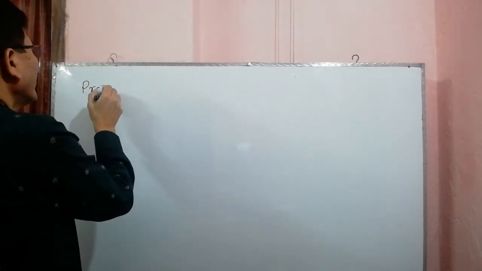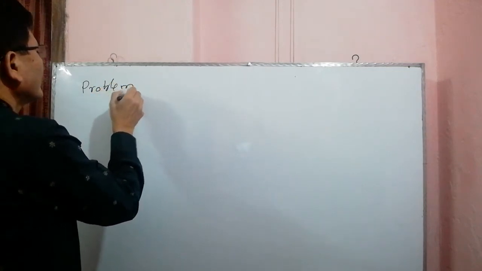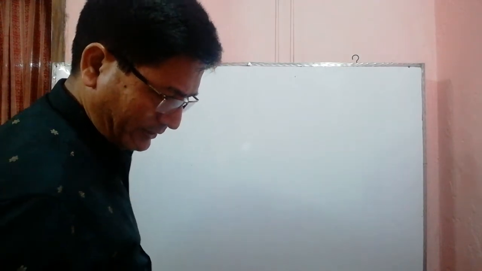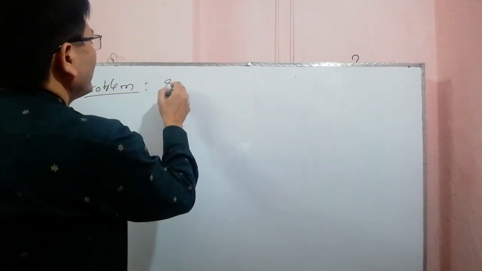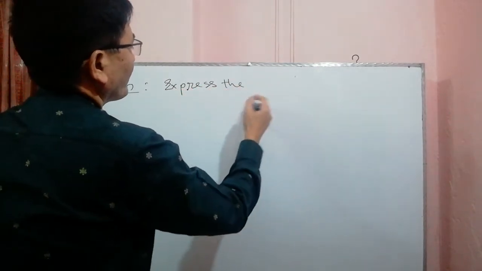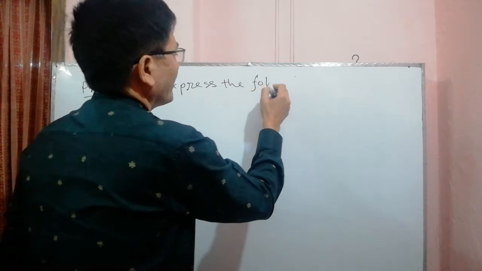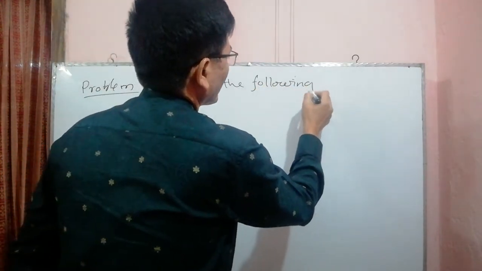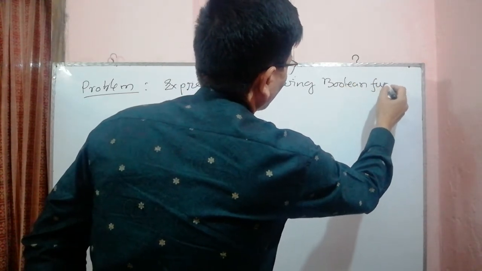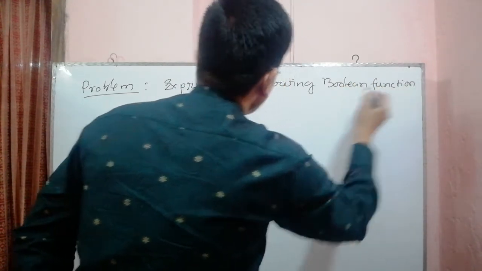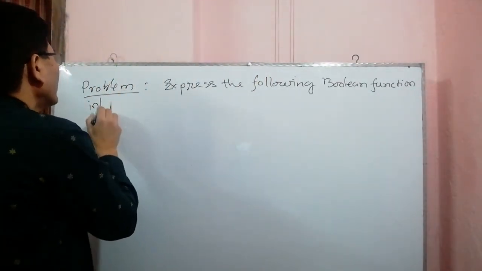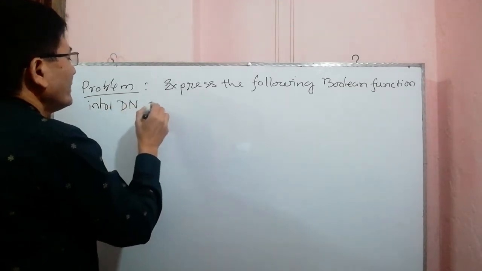The problem is: express the following Boolean function into dn form.